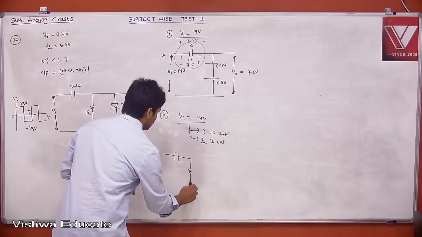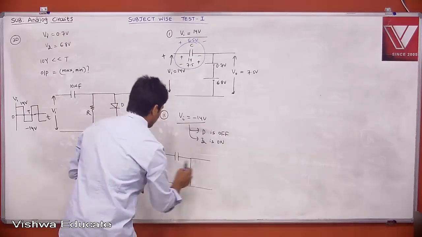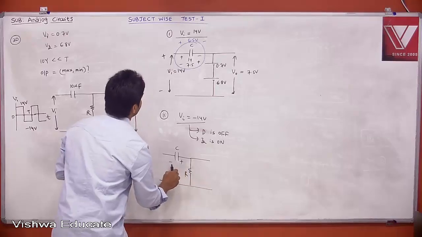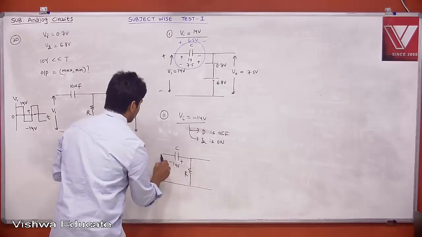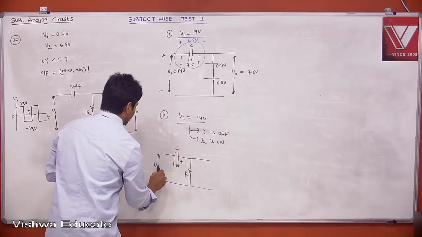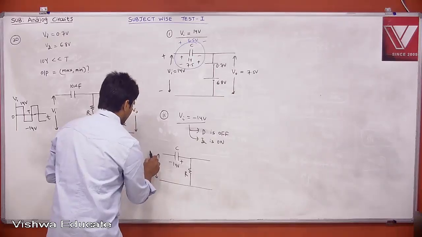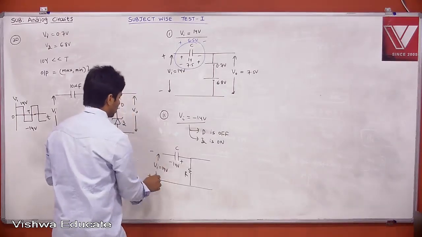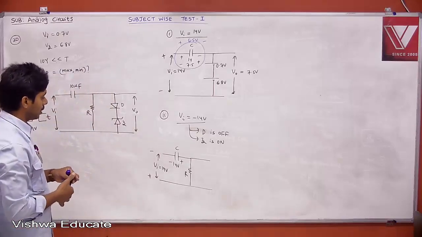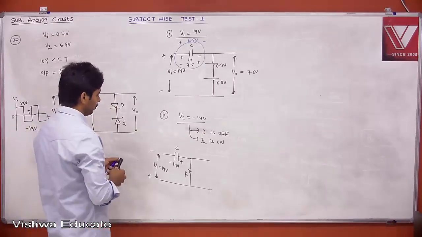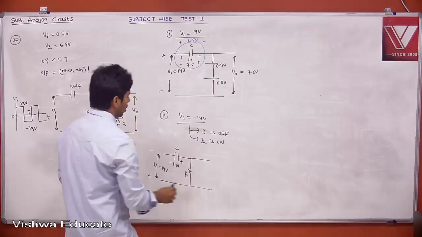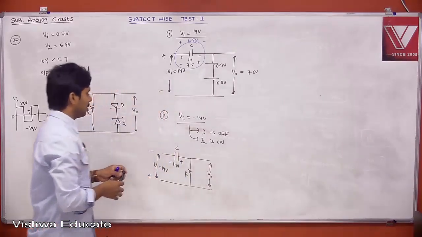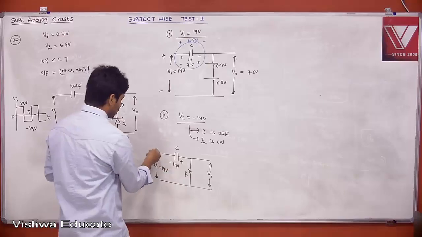This is C and this is R, but C is already charged to what? It is charged to 14 volt. Now what is your Vi? Your Vi is minus plus 14. Therefore, now what is your V0 at that time? V0 will be plus minus, minus plus.